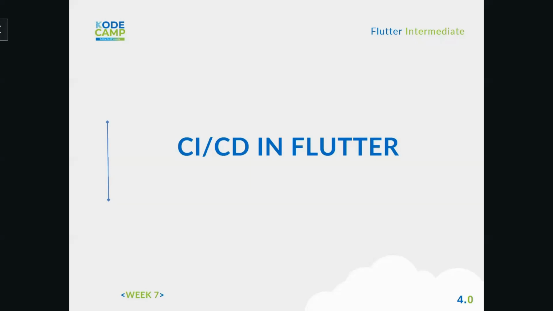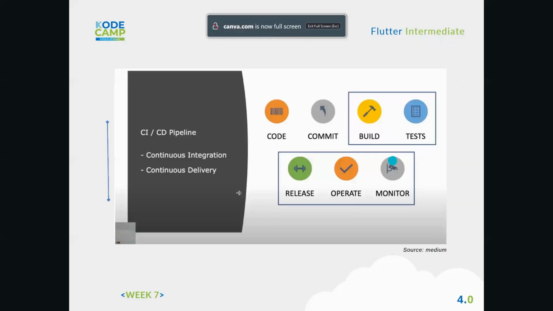So in the context of Flutter, CI/CD for Flutter applications has to do with automating the build, automating the tests, and the deployment processes specifically for Flutter projects, right? Looking at this image, you can see what we call a CI/CD pipeline. So we have continuous integration, continuous delivery.